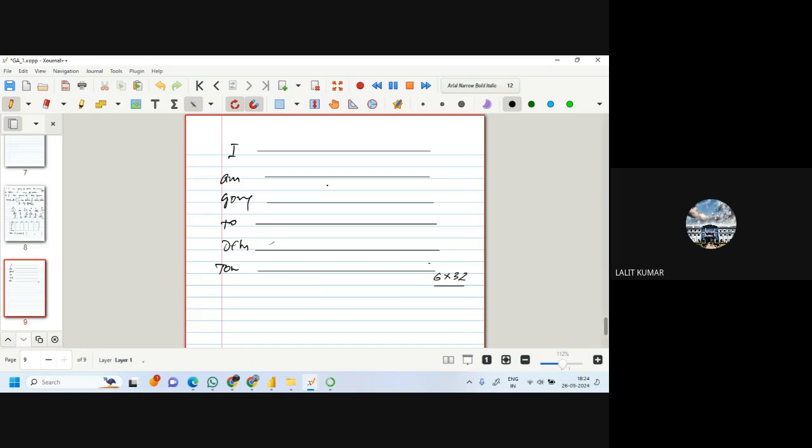This was one sentence. If I pass 10 sentences in one go, then this becomes the batch size, and my input becomes 10 into 6 into 32. Is that okay?